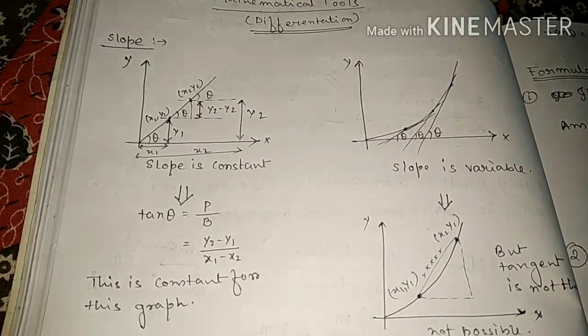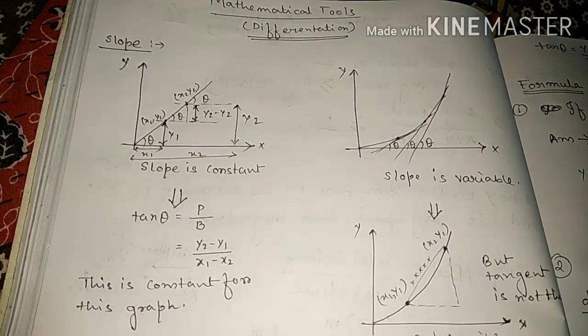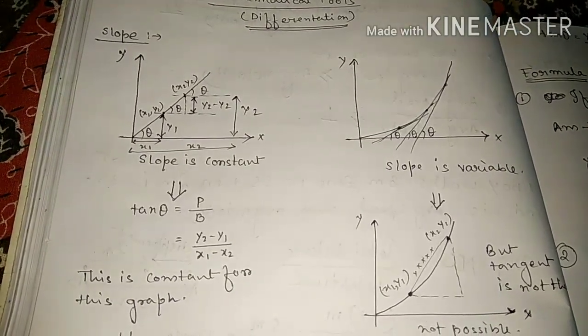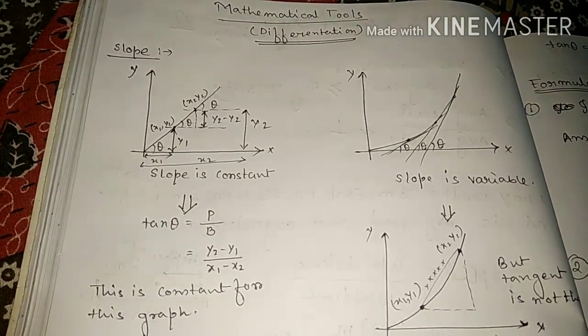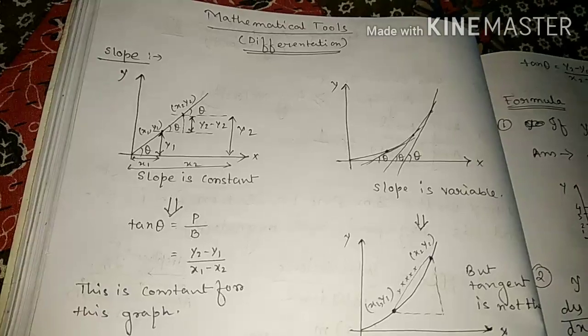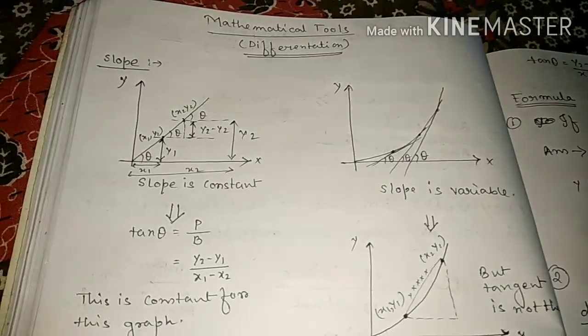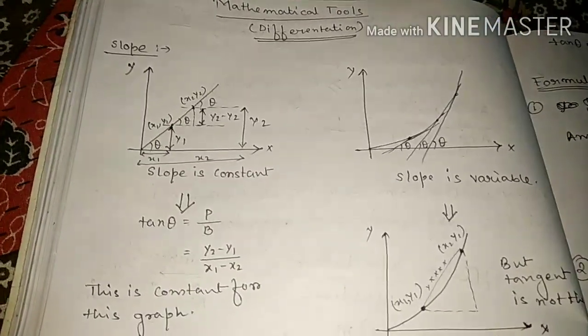Okay, so in the previous video we discussed average speed and average velocity. That was the last topic of the previous class. After that we study instantaneous velocity and instantaneous speed.